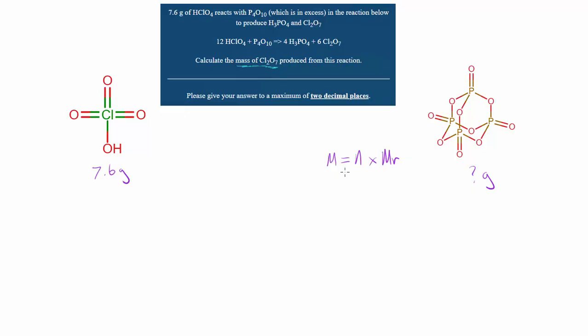So if we rearrange this by dividing both sides by Mr, this would cancel, and we get that the moles, the amount of substance, would be equal to the mass divided by the molar mass, right?